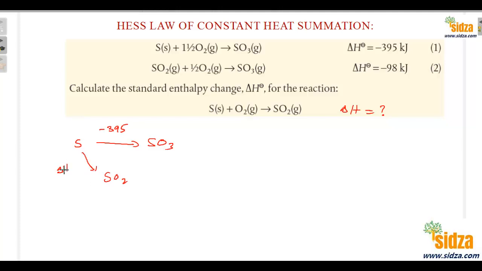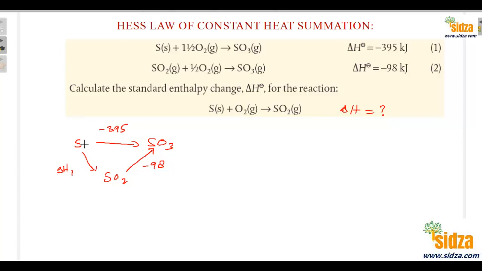Let's say this is delta H1. And when sulfur dioxide changes to sulfur trioxide, the heat change is -98 kilojoules. So we have to find out the delta H1 here.